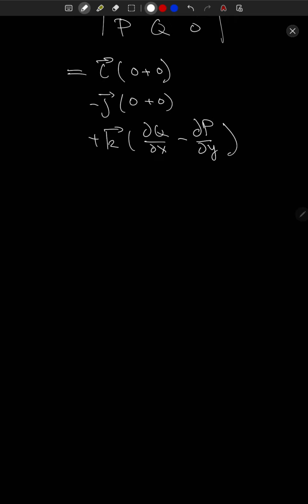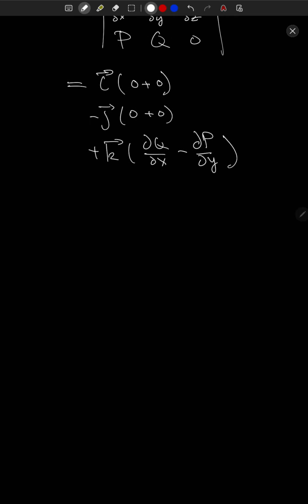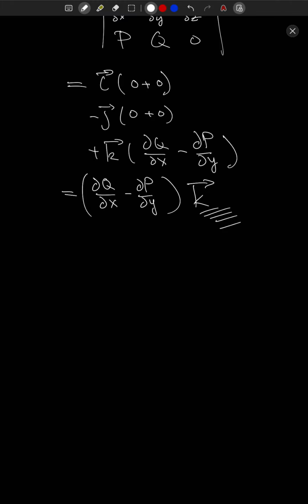Okay, so ultimately what we can see is that using this procedure for calculating the curl, we just end up with something in the k direction always. So in a way, there's no point in thinking of it as a vector, because it's always pointing directly upwards, right?